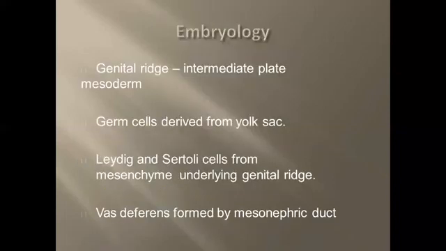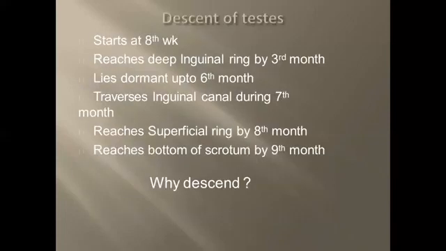Embryology we have already discussed. The genital ridge is there, intermediate plate mesoderm, derived from the yolk sac. Leydig cells and Sertoli cells are there, and the vas deferens is formed by the mesonephric duct. This is the embryology of the testes. During intrauterine life, it starts descending at 8 weeks of gestation.